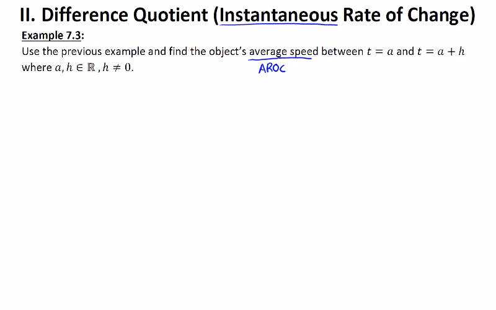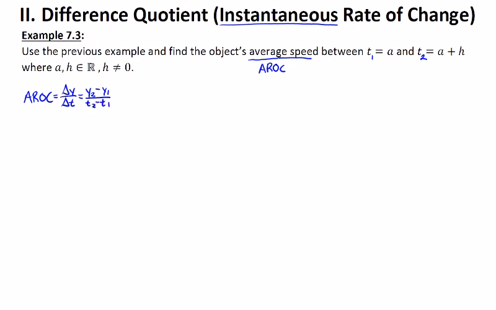So I'm going to go ahead and label these as T1 and T2. So that's going to make the average rate of change calculation a little more meaningful. So the average rate of change, which we know is going to be the change in y over the change in t, will be y2 minus y1 over t2 minus t1.